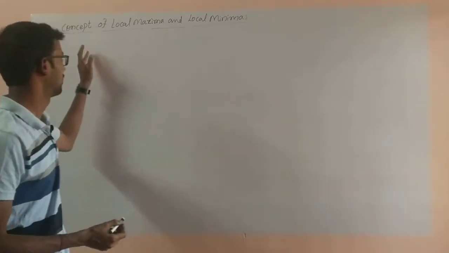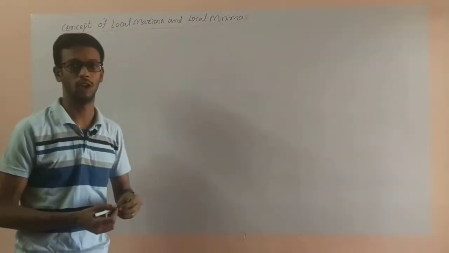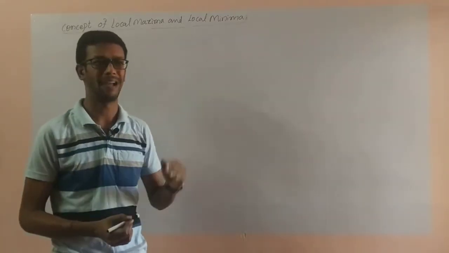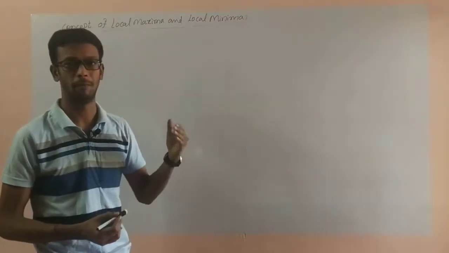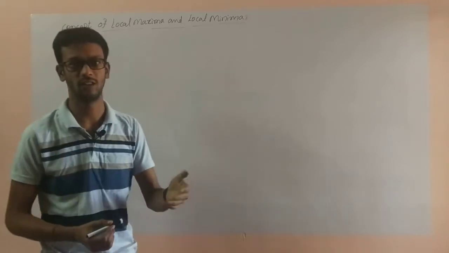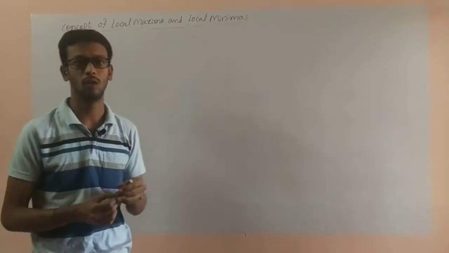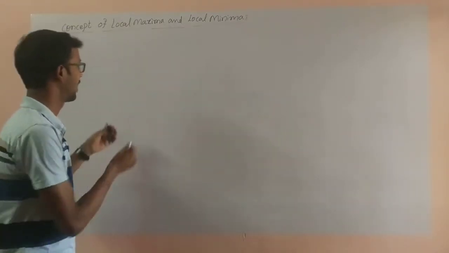Next, the concept of local maxima and local minima. We just discussed maxima and minima. The maximum value is called maxima, and the minimum value of the function is called minima. Now, local maxima and local minima. Now I'll draw one graph.